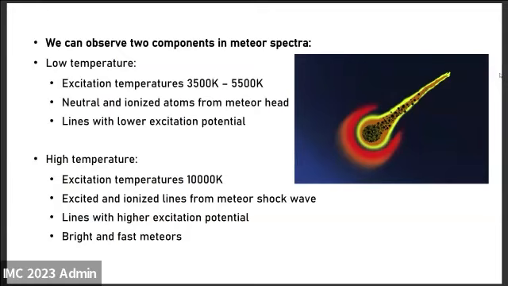Its temperature is assumed to be around 10,000 kelvins. It consists of mostly excited and ionized atoms, and it's assumed that the source of this light is the meteor shock wave. Compared to the low temperature component, this component keeps the same temperature through all the velocities of the meteors.